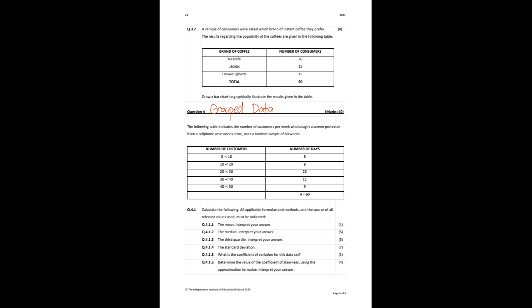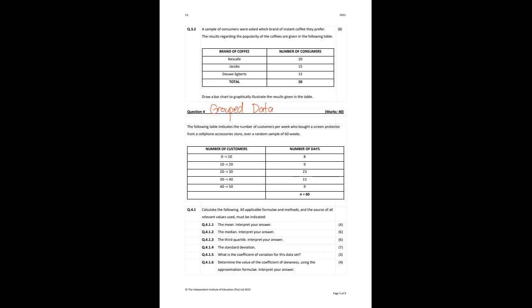And then you have 10 up until less than 20, which means 10 till 19, including 10, including 19. 20 to less than 30, which is 20 to 29, including 20, including 29, and so on. So it goes up to 50. And then you have the number of days in the second column, which is 8, 9, 23, 11, and 9.